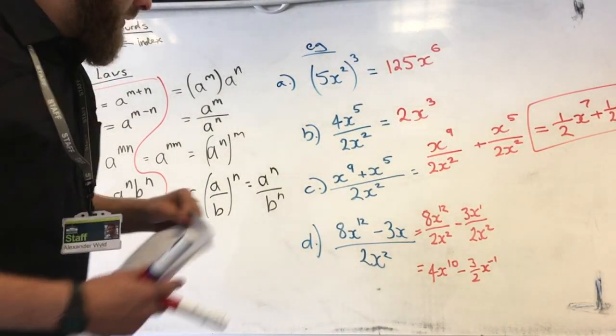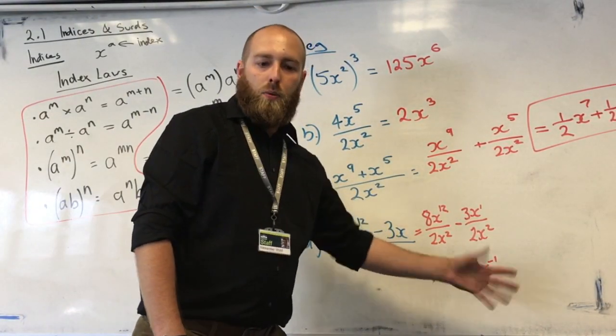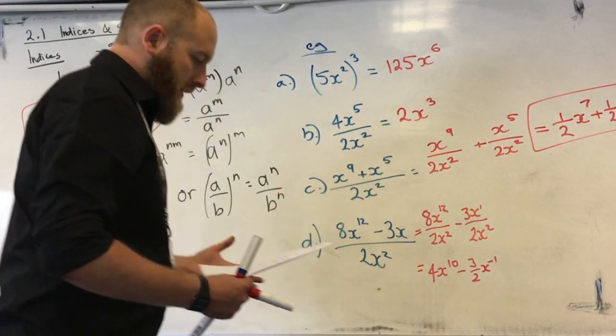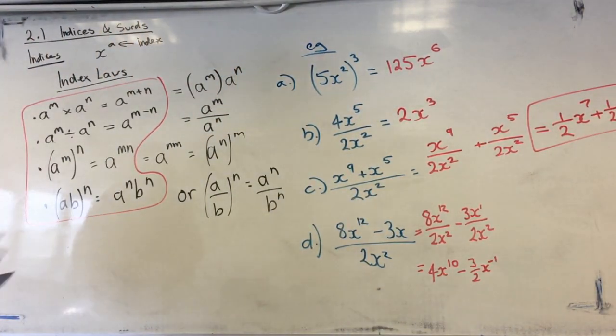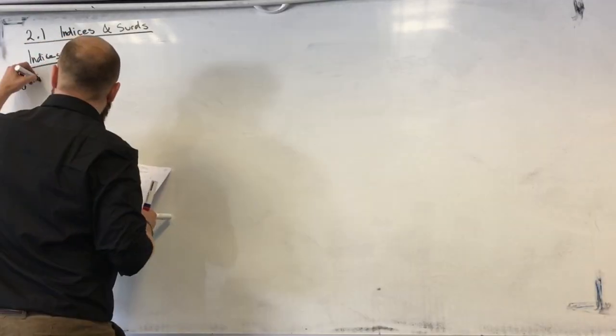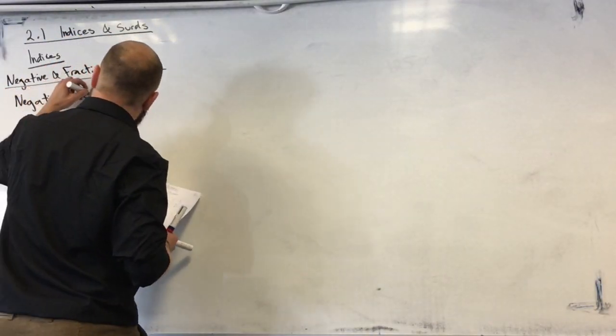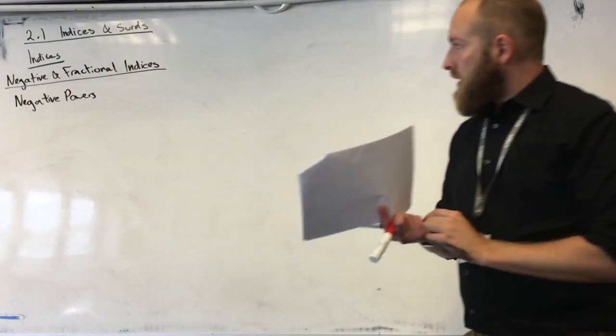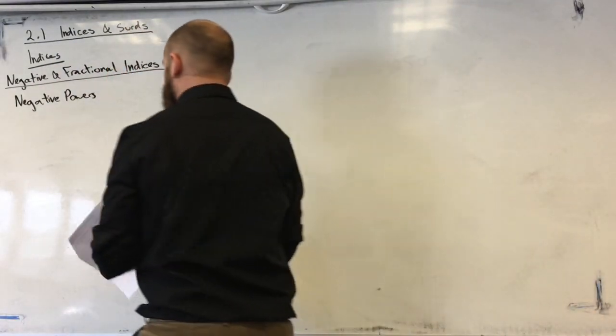Okay, so that last one, when we got a negative power, we need to know what that actually means. So that's what we're going to move on to next, negative and fractional indices. Okay, so starting off, negative powers. Negative powers are reciprocals.